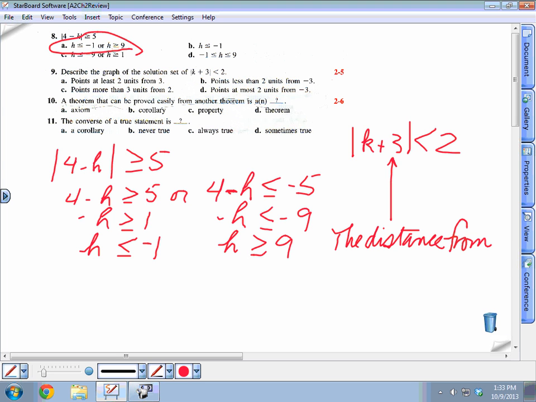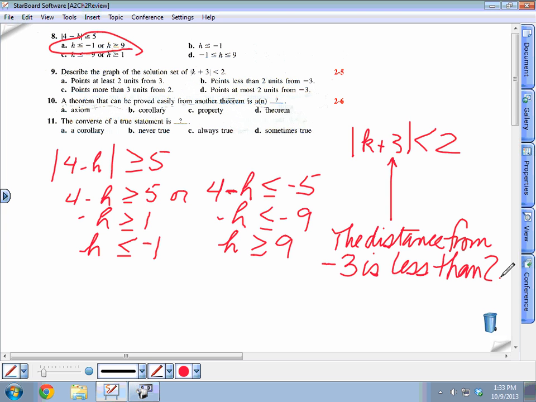Where am I going to start, Jared? 3. No, I'm not. Negative 3. The distance from negative 3 is less than 2. This is what they mean when they say describe the absolute value inequality, the solution set.